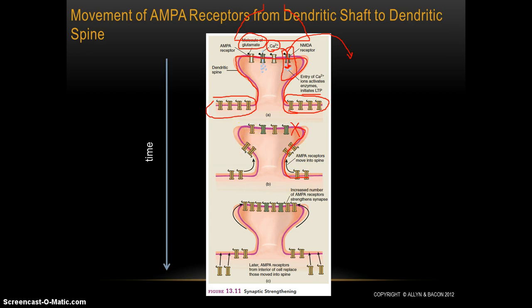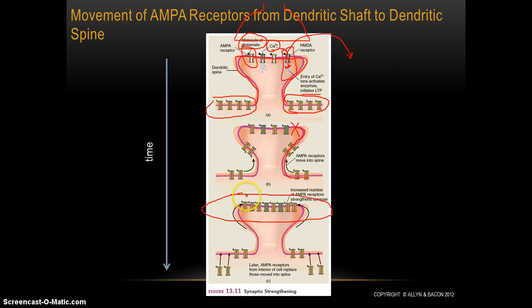And what did we say about AMPA receptors? They're glutamate-dependent receptors, so glutamate will bind with them, as shown up here, and they control a sodium channel, right? There are now many more AMPA receptors after this process.